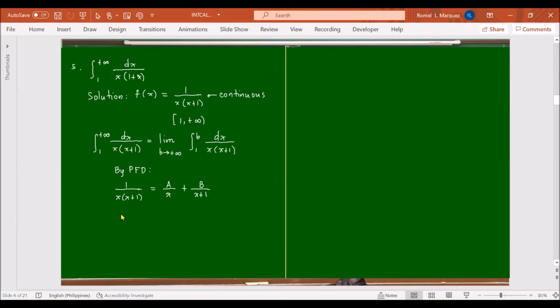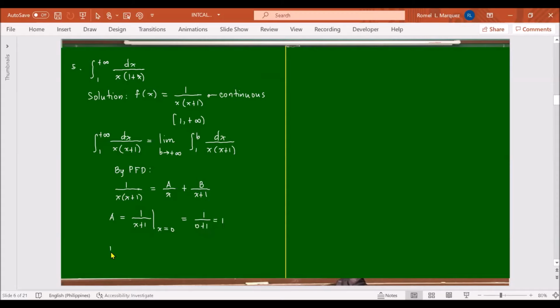To solve for a, we set x to 0, removing x here. So that is 1 over x plus 1 evaluated when x is equal to 0, and this is 1 over 0 plus 1, getting 1.